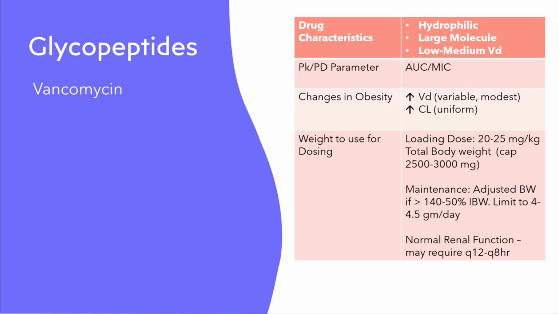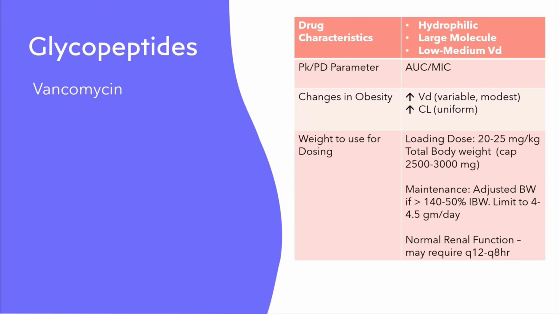For maintenance dose, again, we would certainly use clearance to help guide our dose. But here, I will usually also switch over to adjusted body weight. So I'm going to use total body weight for my loading dose, but for a maintenance dose, certainly for morbidly obese patients more than 140% over their ideal, I will switch over to adjusted body weight.